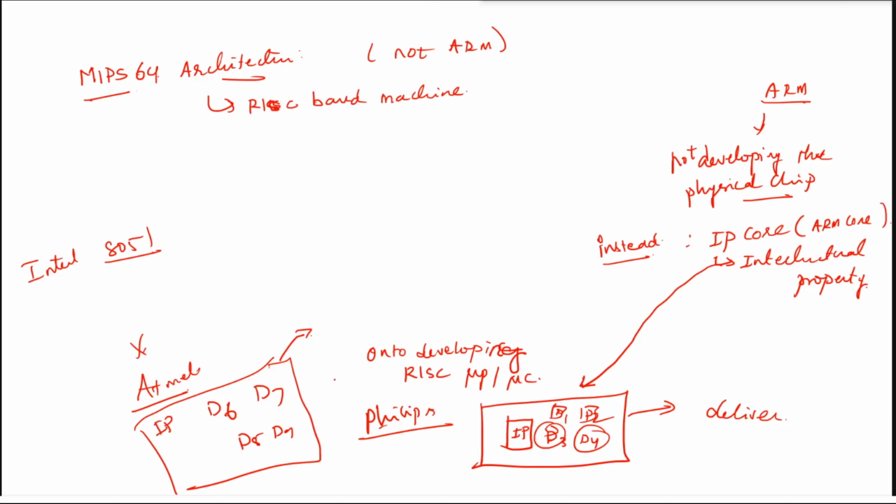That's why, when you use an ARM-based microcontroller in your project, it is very essential to read the data sheet. Only if you read the data sheet can you work with these things, or else you can't do anything.